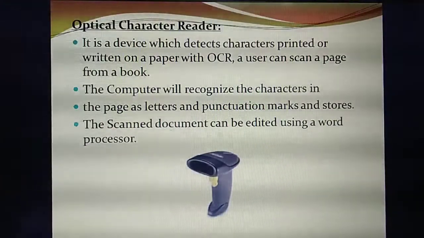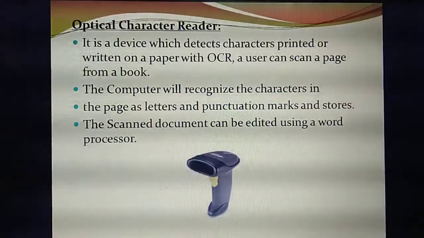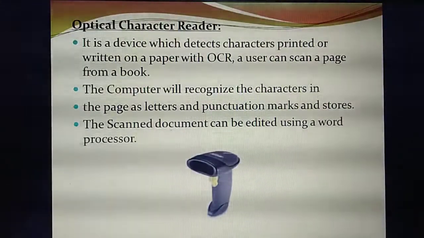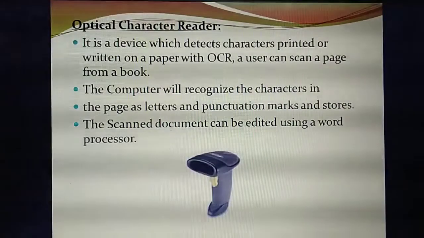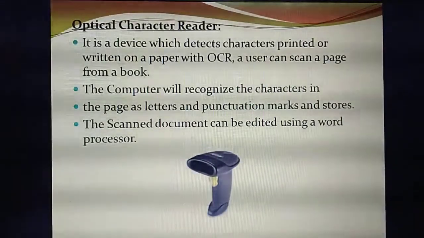The optical character reader is used to scan or detect whatever you have written on the paper, whether it is printed or handwritten notes. It will detect letters, symbols, punctuation marks, everything. It will scan the particular document and store it in memory.